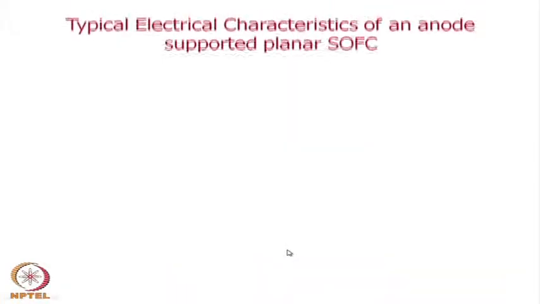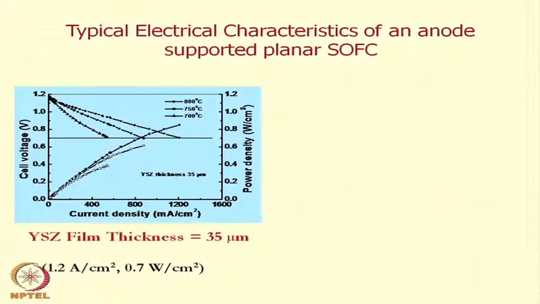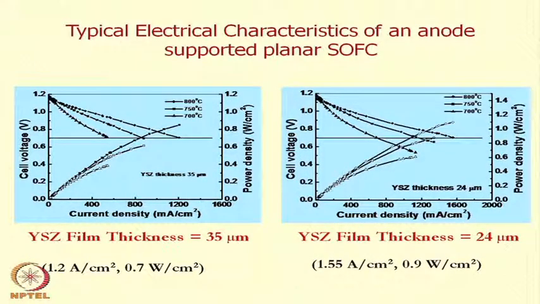And then we also discussed their electrical characteristics. Two typical current voltage plots have been shown here. One is where the YSZ electrolyte thickness is about 35 micron, the other one is still less, about 24 micron, and this is a typical curve.